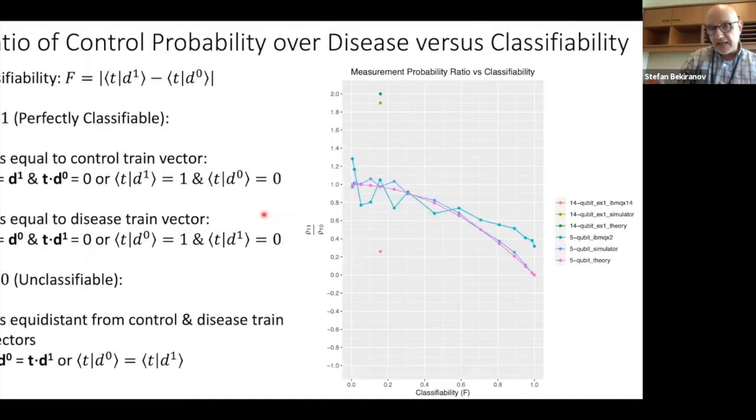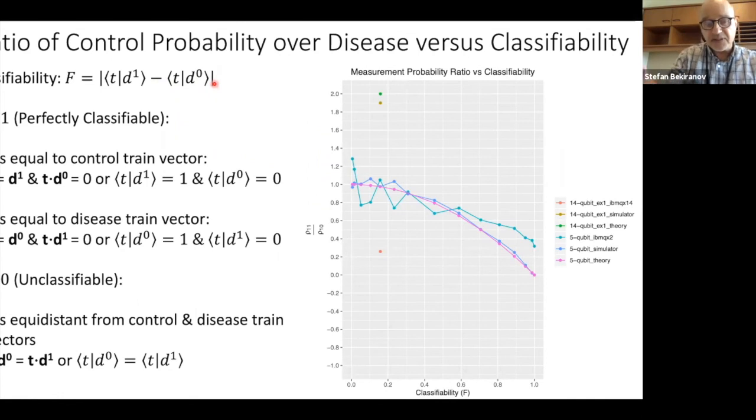So this is now a full sweep of the performance of the 5 qubit over a measure of classifiability. We came up with this simple metric of classifiability. That's the difference in the inner product between the test and the normal minus the test and the disease, taking the absolute value.